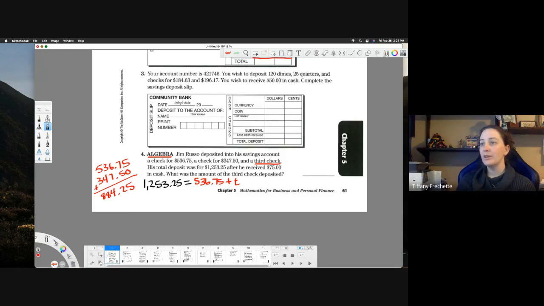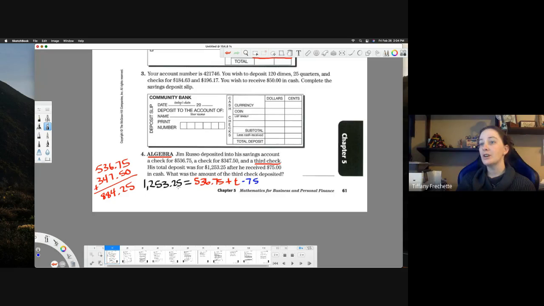He didn't make any other deposits. It just said check, check, check. There wasn't any other coins or currency, so we don't have to worry about any of that other stuff, but we do have to worry about the $75 he received. So he took $75 away from these three checks, and that's how we got the total here.